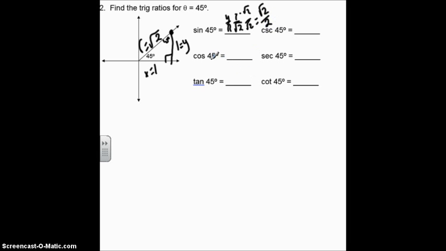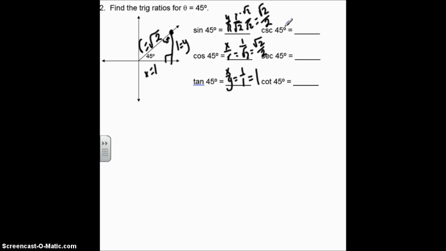Cosine of 45 degrees, being x over r, would also be 1 over the square root of 2, which means it's square root of 2 over 2. Tangent of 45 degrees would then be y over x, which would be 1 over 1, which is 1.